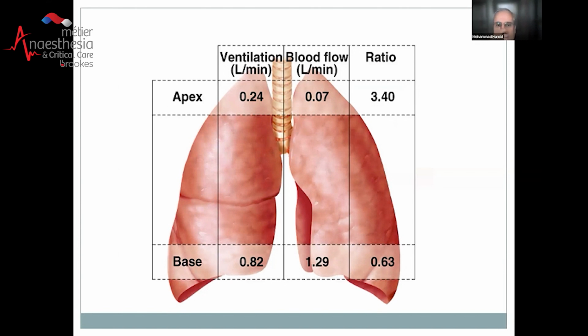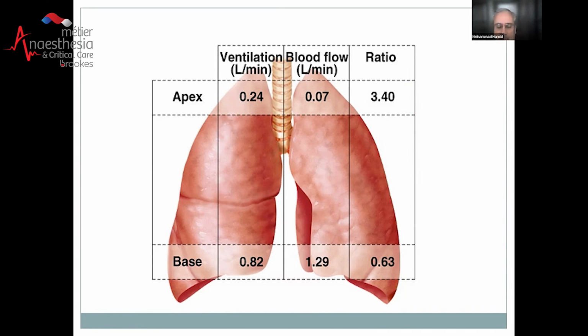If you look at the ventilation, it is about 0.24 liter per minute at the apex, and at the bases about 0.82. While blood flow is minimal, about 0.07 liter per minute at the apex, as compared to the bases, where it is 1.29. So this leads to a ventilation perfusion mismatch. The mismatch is at both the apex and the bases, but the bases have more perfusion as compared to ventilation.